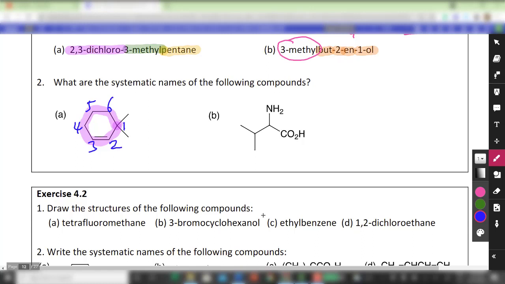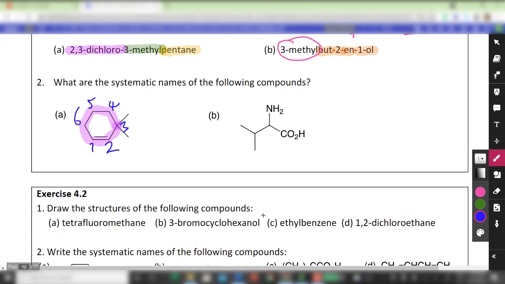but this may not be correct, because remember, the alkene takes priority in numbering. So the alkene should be numbered as number 1. In that case, I should erase all of these and start to number from here: 1, 2, 3, 4, 5, 6.